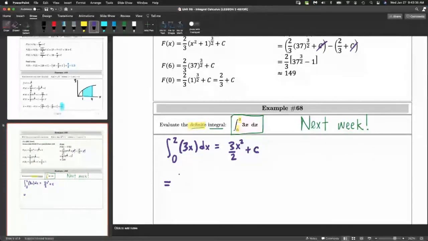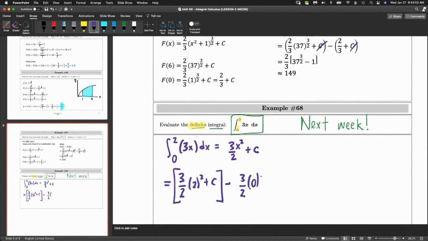It equals the following. 3 over 2, 2 squared plus c, and then minus 3 over 2, and then 0 squared plus c.